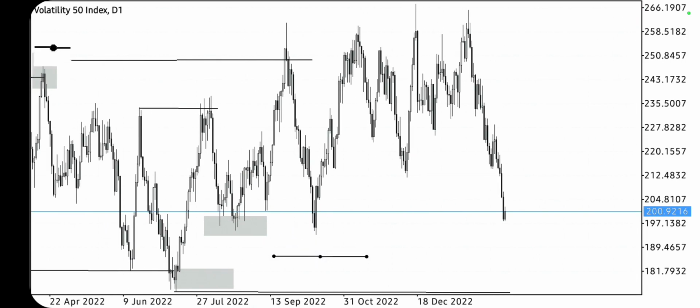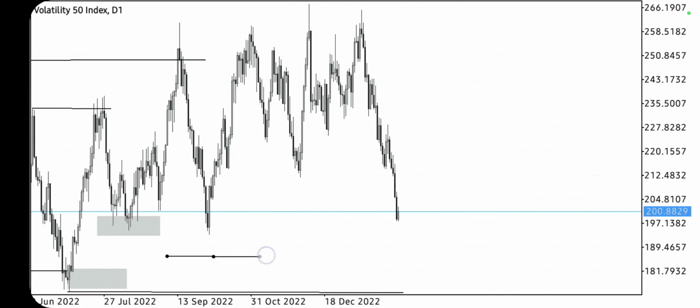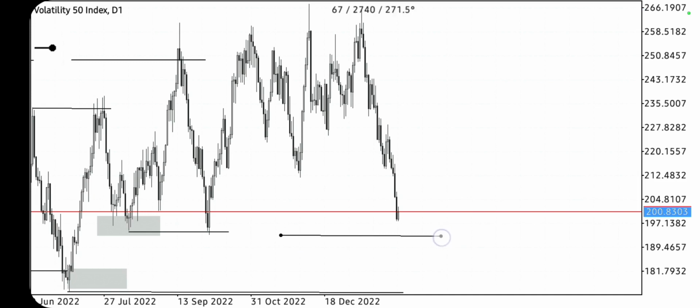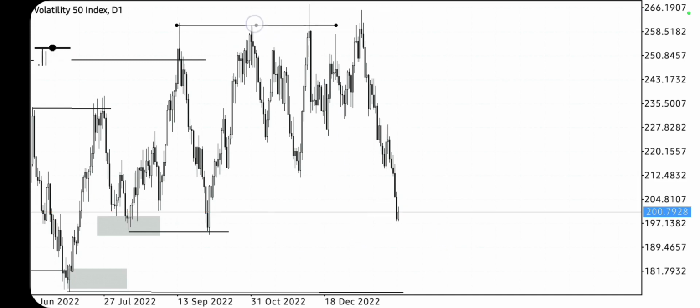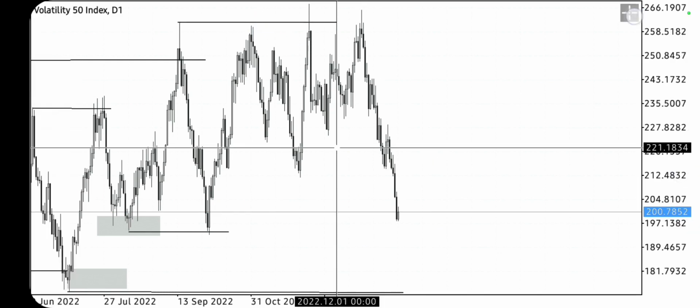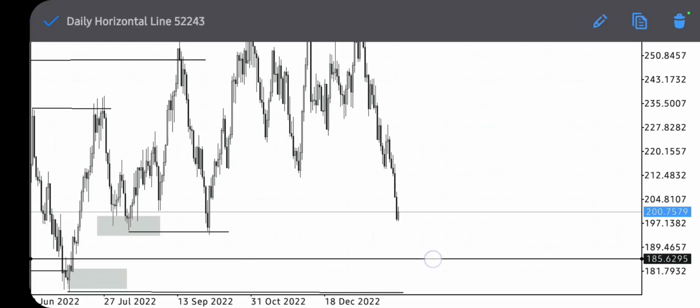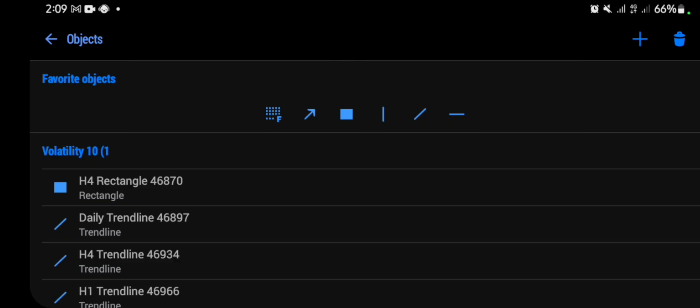After taking out the low, which is my inducement, we had the break of structure to the upside. After breaking structure to the upside, now if you check the 1 hour time frame, here is our protected low for 1 hour.